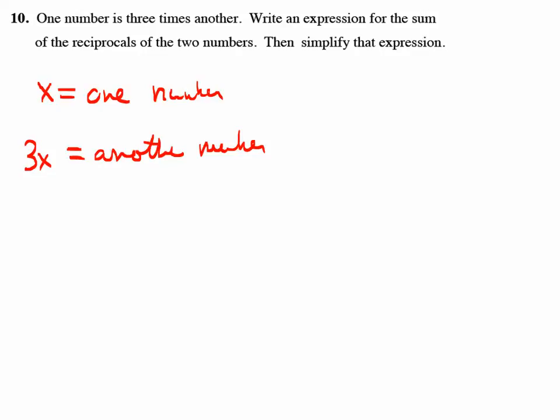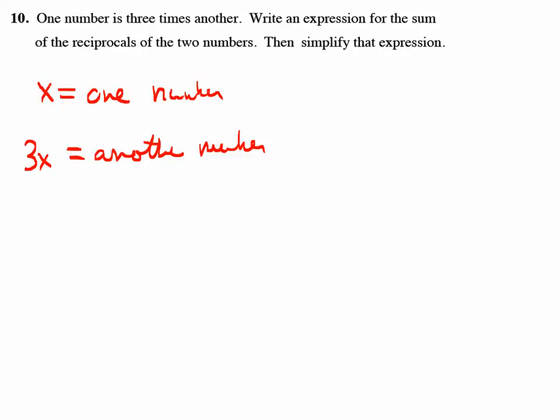Okay, it says write an expression for the sum of the reciprocals of the two numbers. Whoa, okay, hold on. Then simplify that expression. Write an expression for the sum of the reciprocals. Okay, what's the reciprocal of x? 1 over x. What's the reciprocal of 3x?